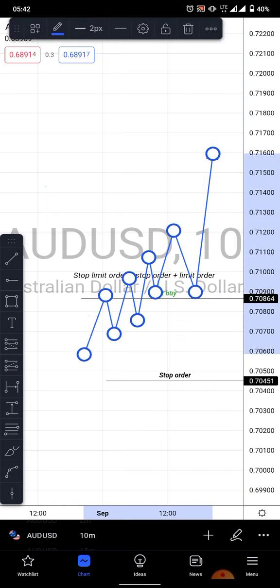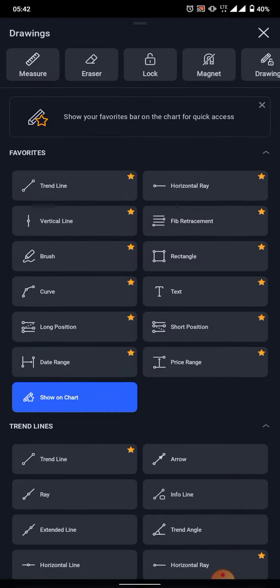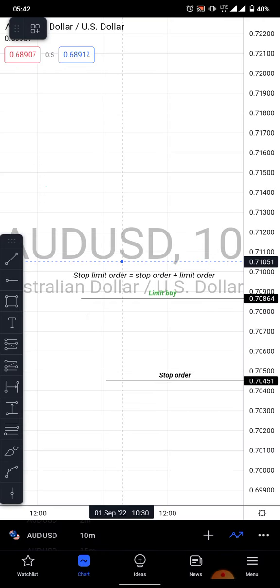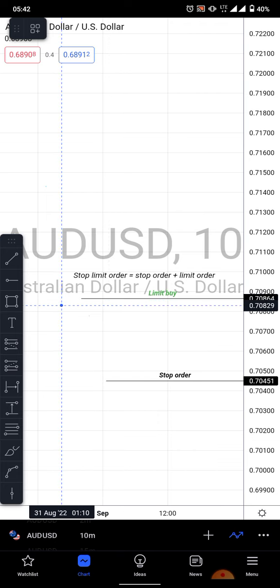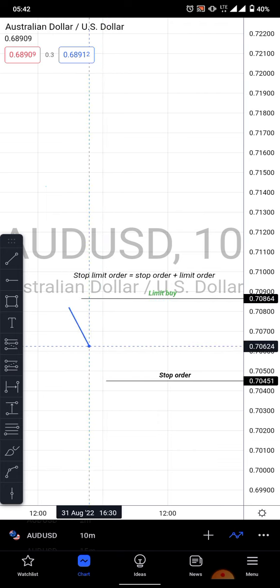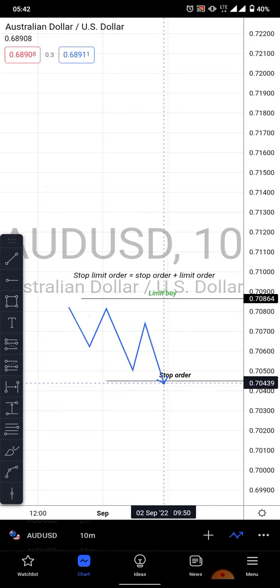So instead of price doing something like this, price will rather do something like this. Selling, right? Let's say this is the current market price now. The price is moving, then it hits your stop order.